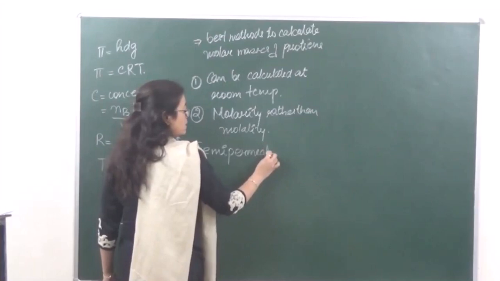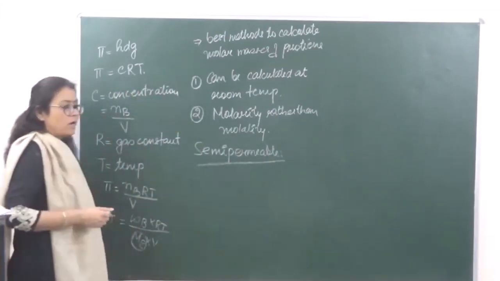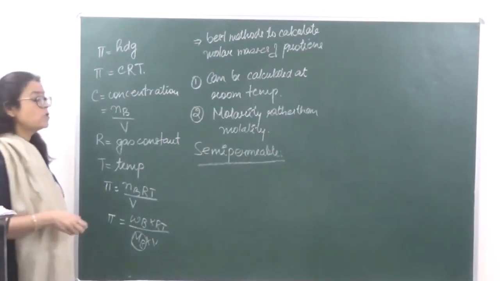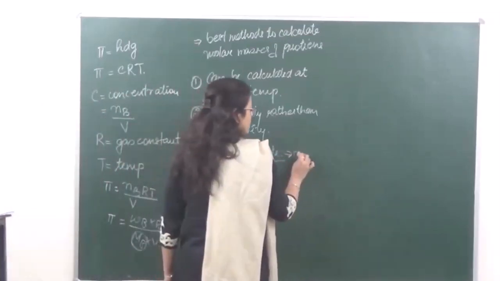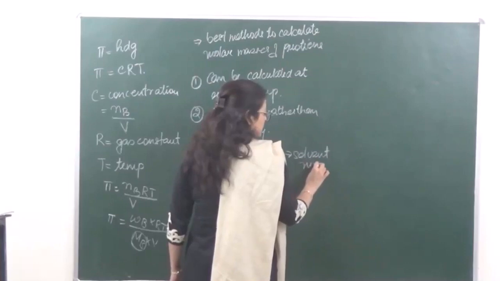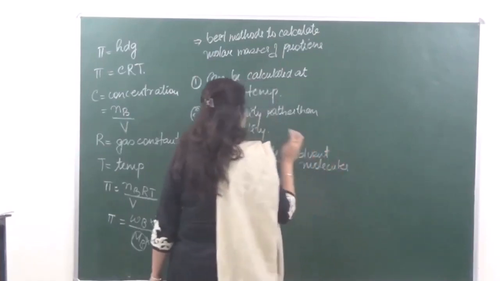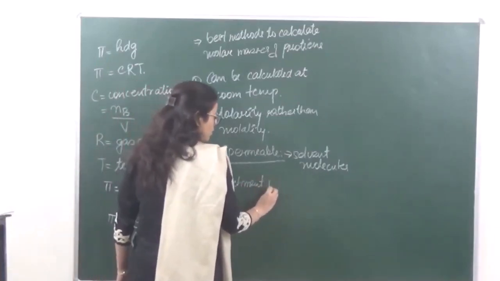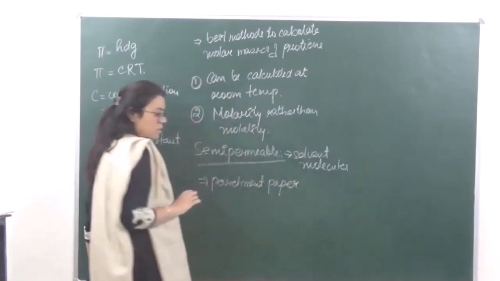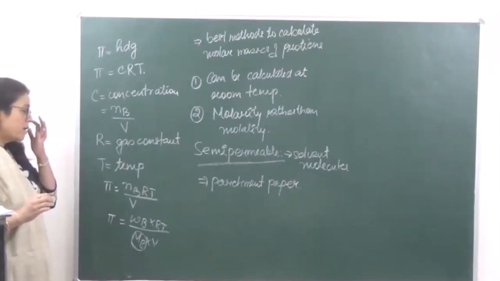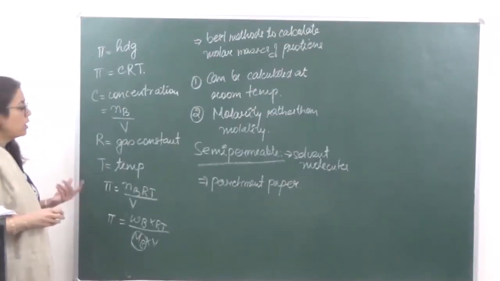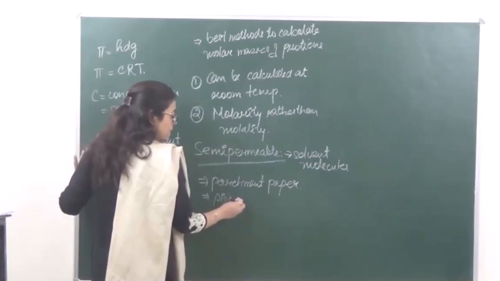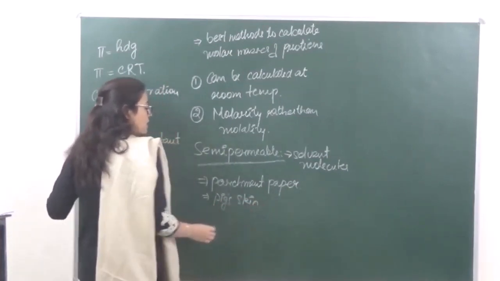Okay, then time and again what we are talking about over here is the semi-permeable membrane. What is a semi-permeable membrane? A semi-permeable membrane is selective, and it allows only solvent molecules to pass. Examples of semi-permeable membranes are parchment paper, that is cellophane paper, as we call it, and also pig's bladder or pig's skin, which is also a selectively permeable membrane.